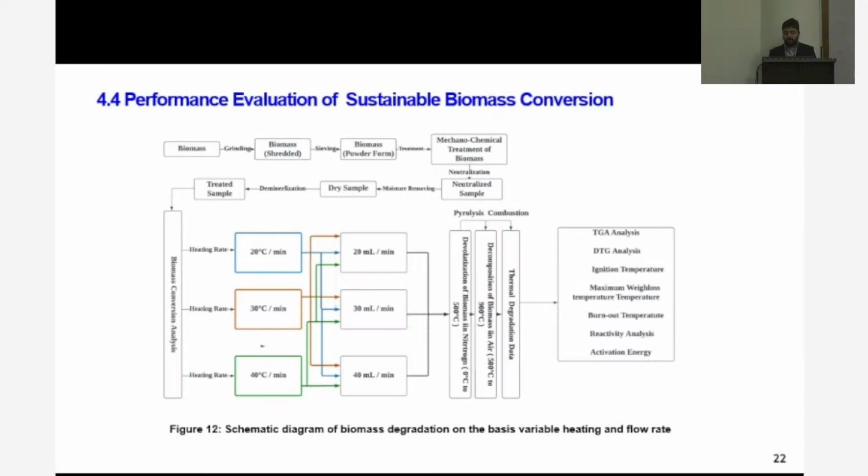We have multiple heating rates and multiple flow rates, and then we went through an extensive TGA study based on pyrolysis and combustion, covering TGA, DTG, ignition temperature, mean temperature, burnout temperature, and then reactivity and activation observations.